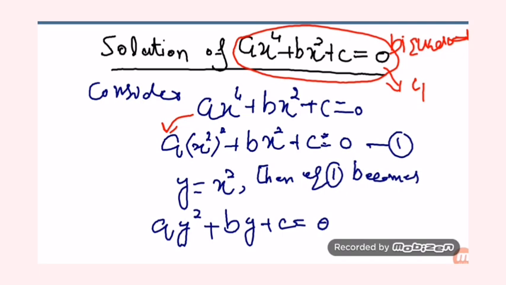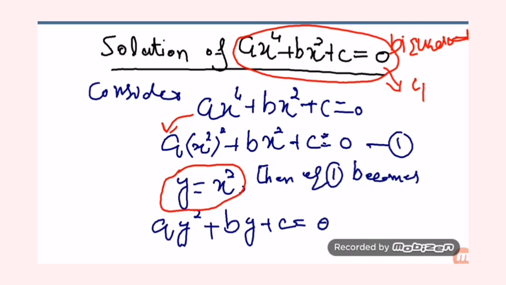The substitution for this equation will be y = x^2. Now consider y = x^2. Then equation 1 becomes ay^2 + by + c = 0.